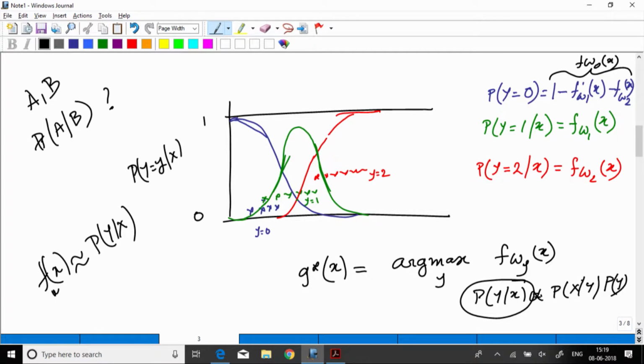This is a posterior. Who thinks it is a posterior? Good. Is there somebody who thinks it is a likelihood?